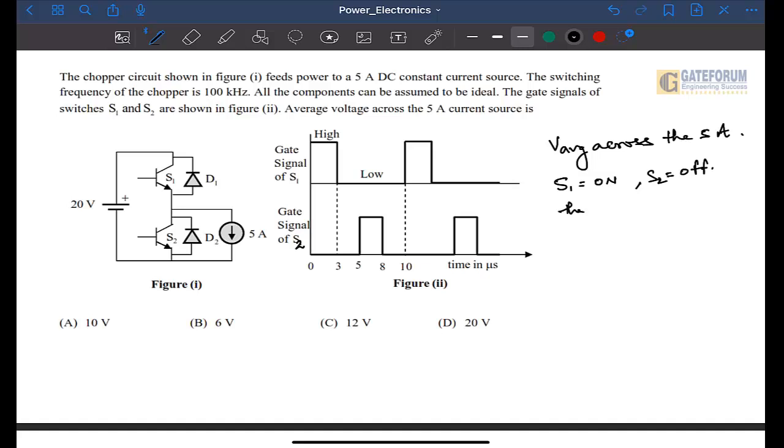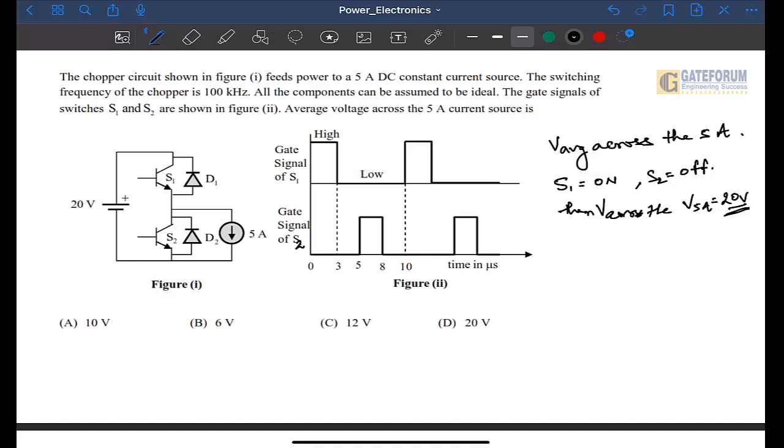Then the voltage across the 5 ampere source, V 5 ampere, equals 20 volt, at the time when the S1 switch is on.